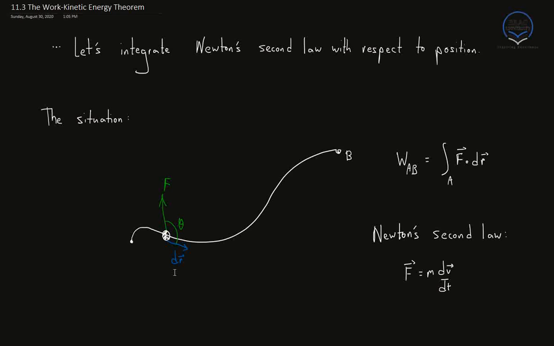In the most general case, you have a particle going from some point A to some point B. At each point on this path, let's consider a general point here, there would be a force acting on the particle, and this force on the particle may be different at each point on this path.